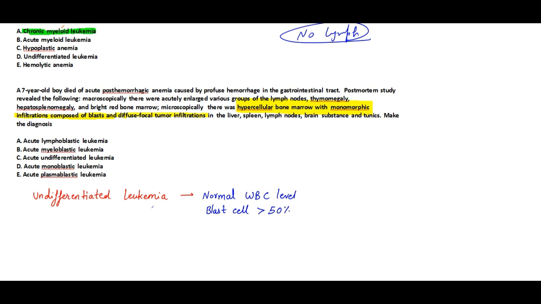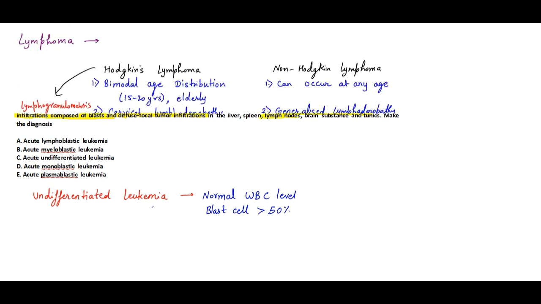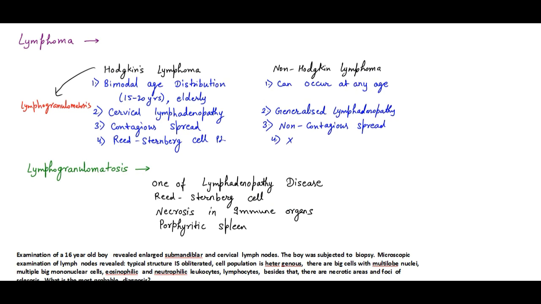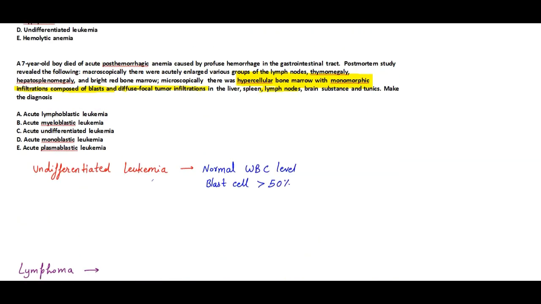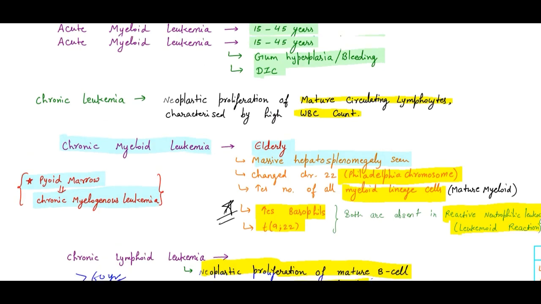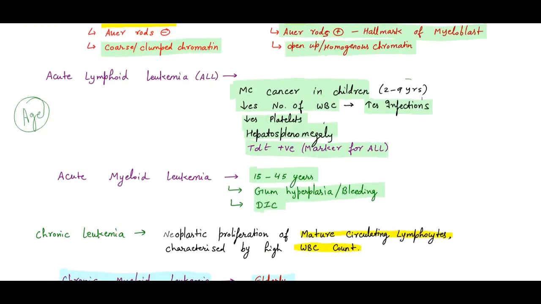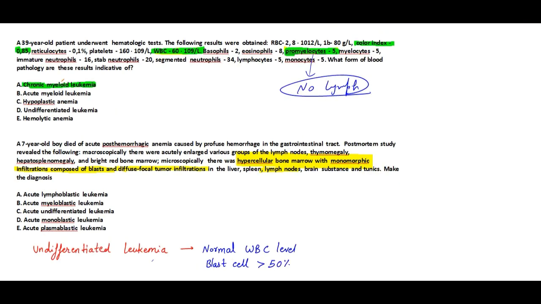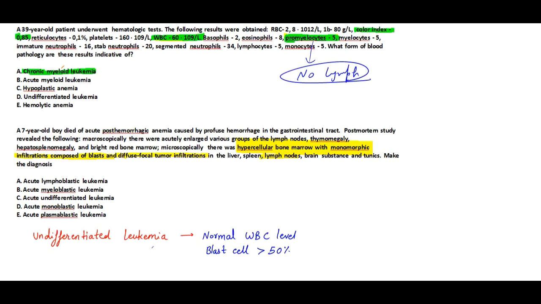The blast we have may be lymphoblastic or myeloblastic. And also remember there is tumor infiltration of the liver, spleen and lymph nodes. So we know that in acute lymphoid leukemia there is lymph node involvement and hepatosplenomegaly. So remember, the lymph node involvement is for lymphoblastic, so it will be acute lymphoblastic leukemia.